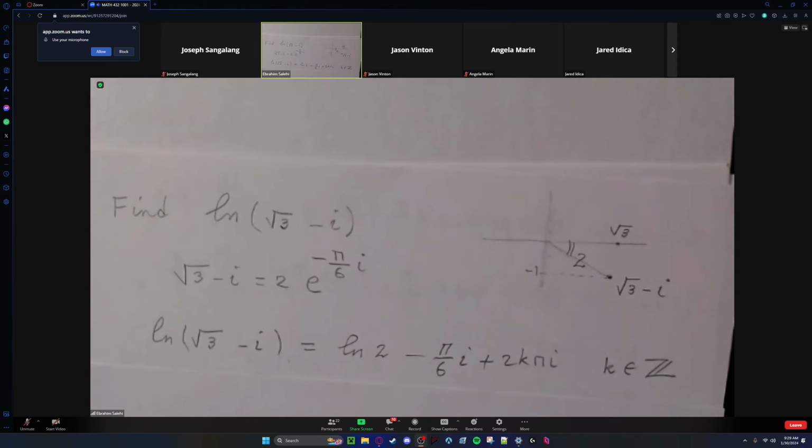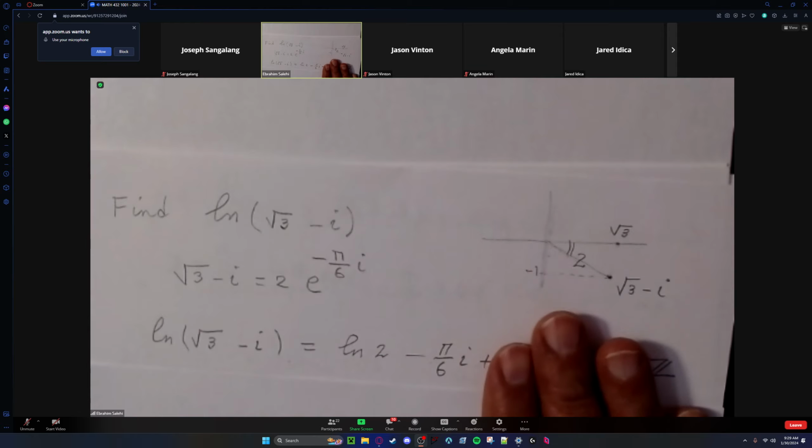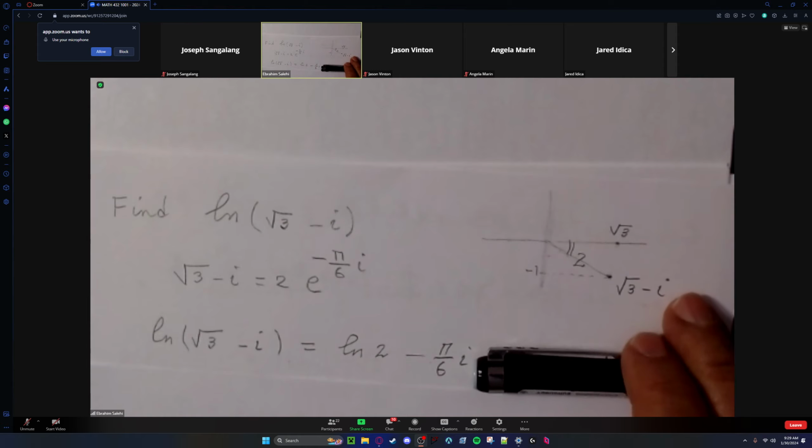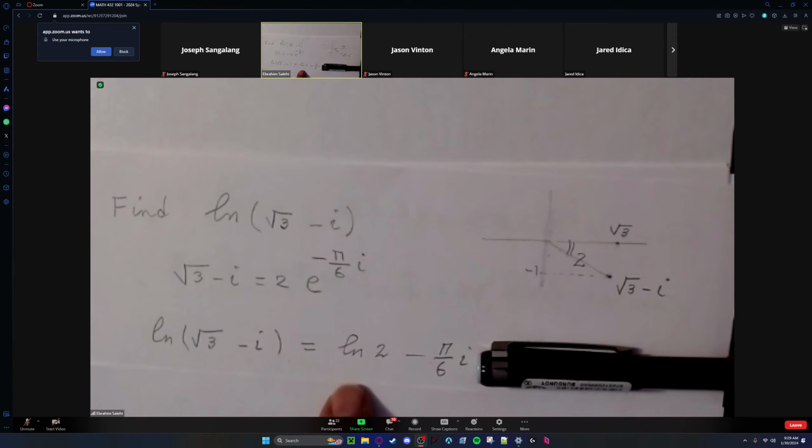If you stop right here, this is going to be the principal value of logarithm. And that we will denote it by capital L. But if you don't have capital L, that means find all values.